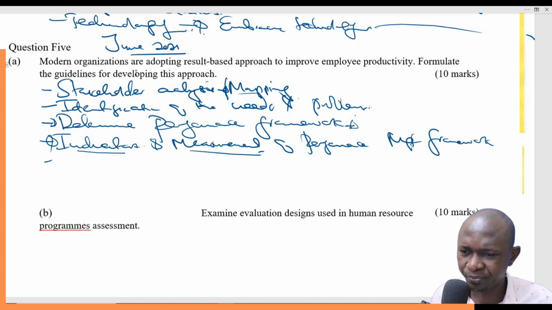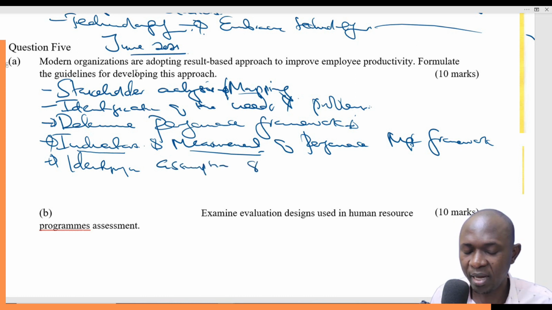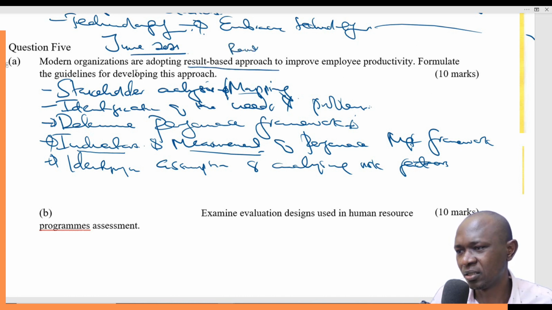Then number 5, identifying assumptions and analyzing risk factors. This is just to make sure that our aim is to achieve the results.